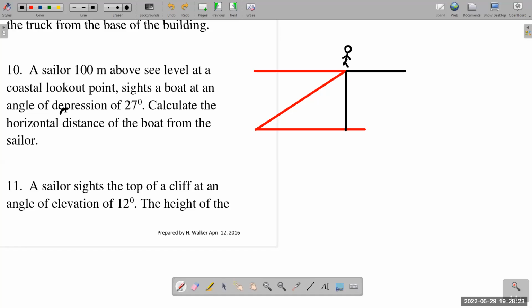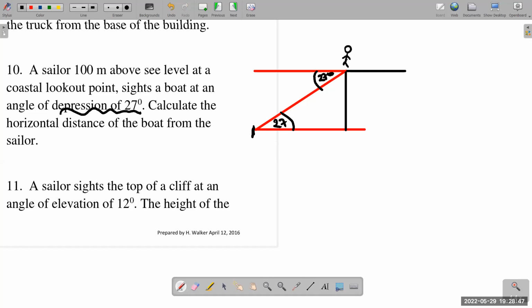So check this out. Because it's an angle of depression of 27, what do you know? That means in between here is what? 27. And because we know already that this is alternate angles, we know that this angle is also what? 27. So let's see what they want us to calculate. Calculate the horizontal distance of the boat from the sailor.